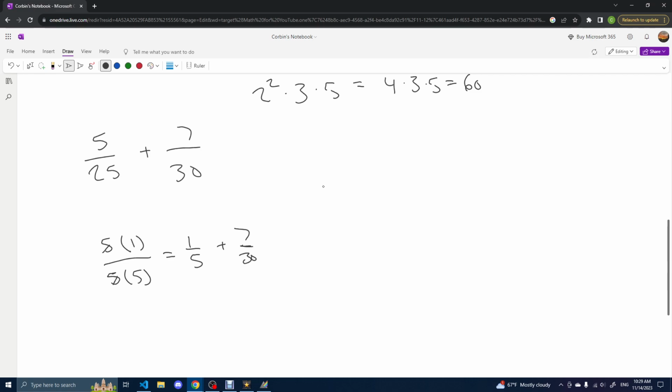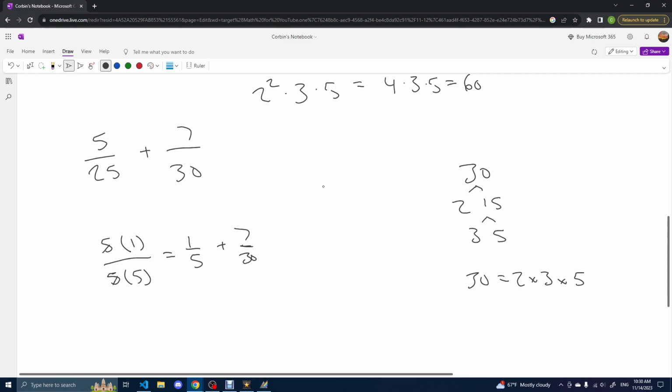And so now we do a prime factorization of 30. So 30 breaks down into 2 and 15, which breaks down into 3 and 5. So 30 is equal to 2 times 3 times 5. And so now we see what we share in common.